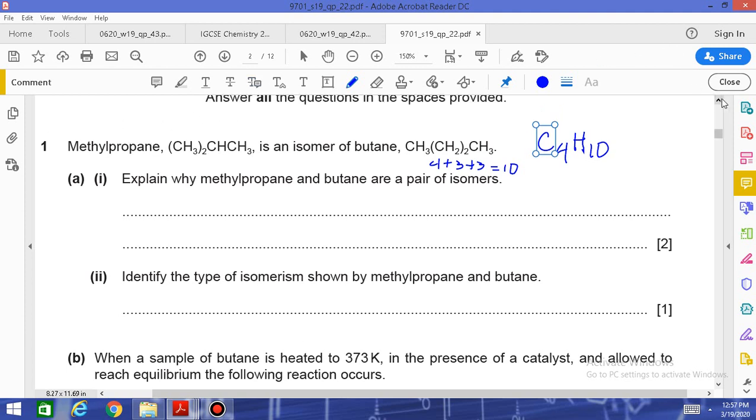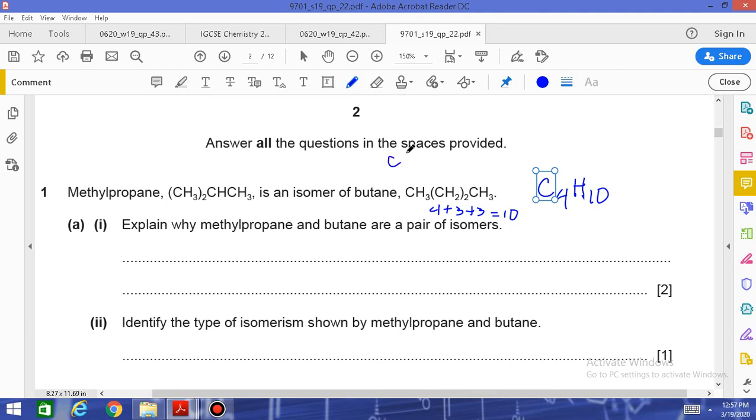If you draw the structural formula, this is the structural formula of butane, straight chain without branch, while for methylpropane there are two methyls here, so CH3, CH3, CH, CH3.